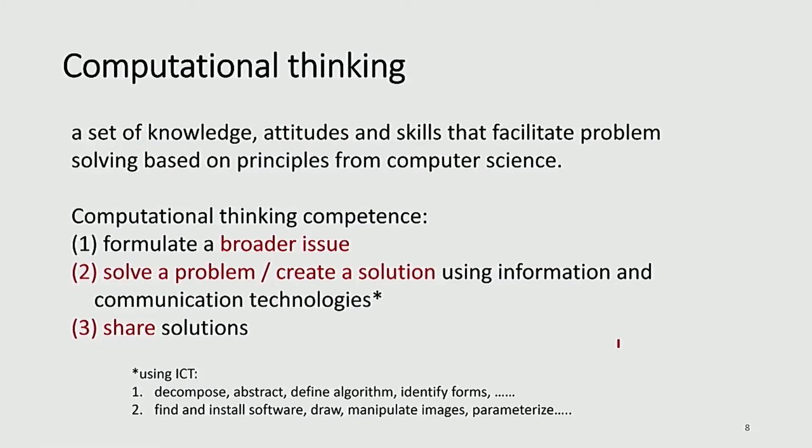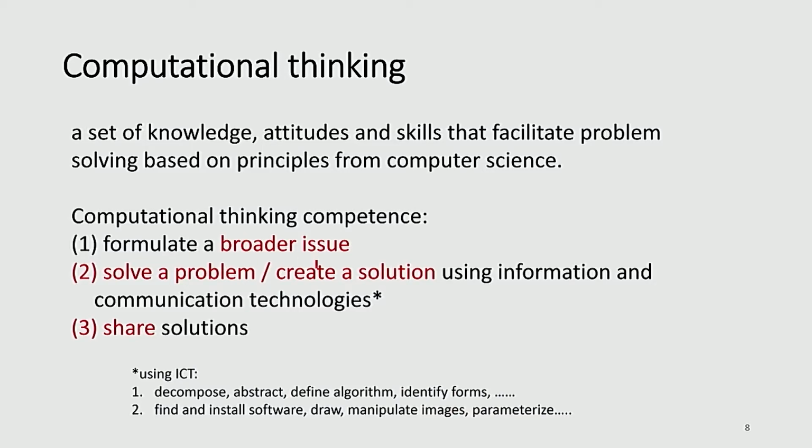Now, let me give you a definition of computational thinking. It's a set of knowledge, attitudes, and skills that help you solve problems with principles from computer science. It's not necessarily computer science, because in many areas people are now using computational tools that have been developed in computer science. So it includes formulating a broader issue. You have to be able to identify a problem or something that needs some sort of computational solution.